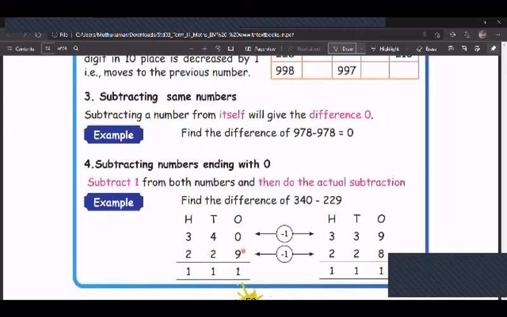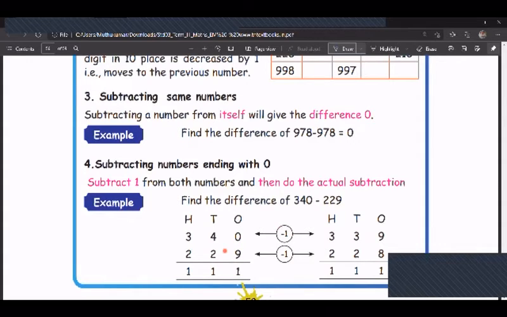From 229, subtract 1. 340 becomes 339. 229 becomes 228. Now, you subtract 9 minus 8, 1. 3 minus 2, 1. 3 minus 2, 1. See, both subtractions give the same answer, but by doing this, it is very easy, isn't it?